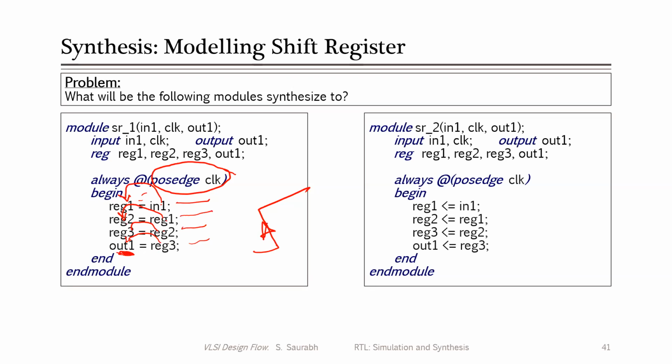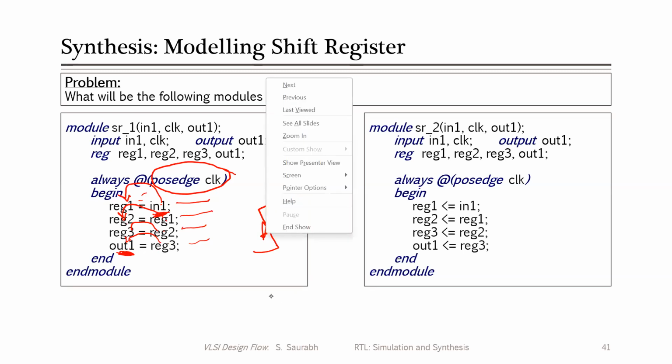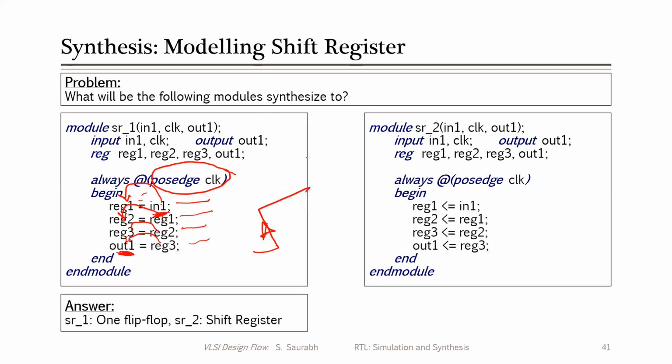Any answer? Sir, in1. Right. So you will get in1 whenever the clock is happening. So you will get a circuit something like this: clock, in1 and out1.